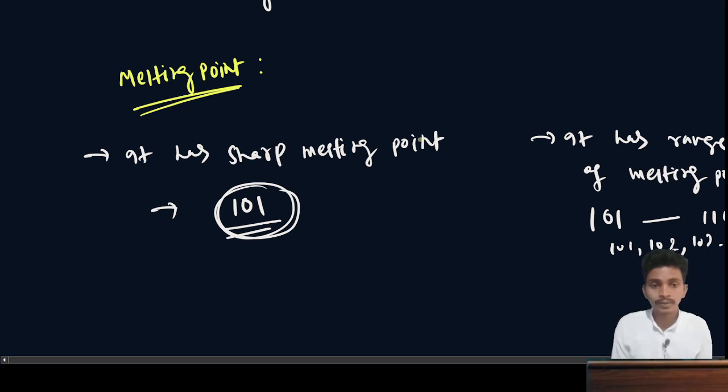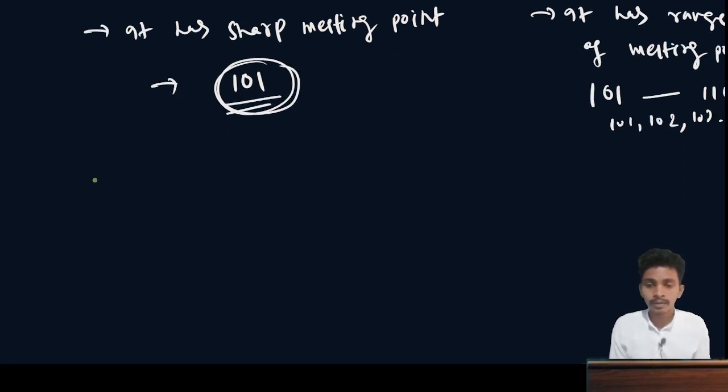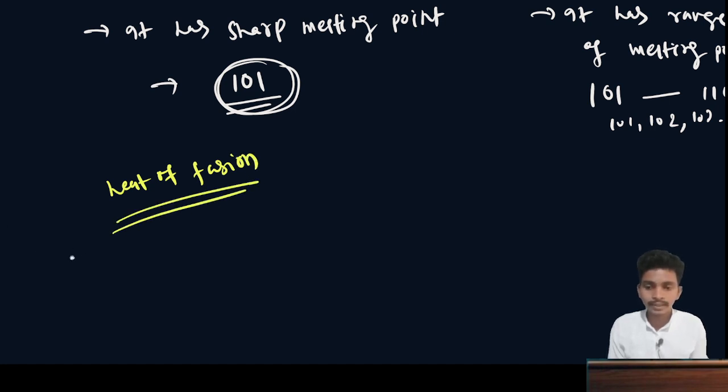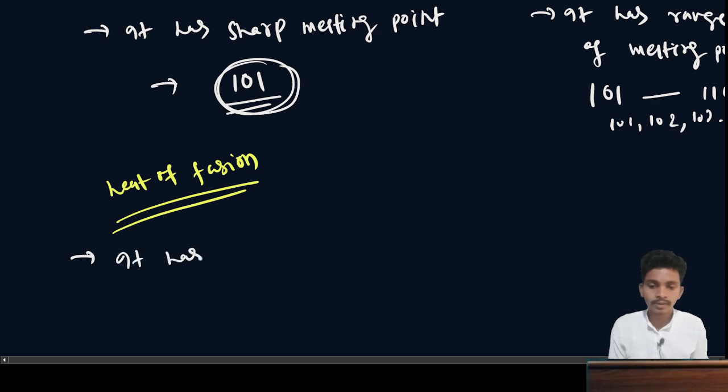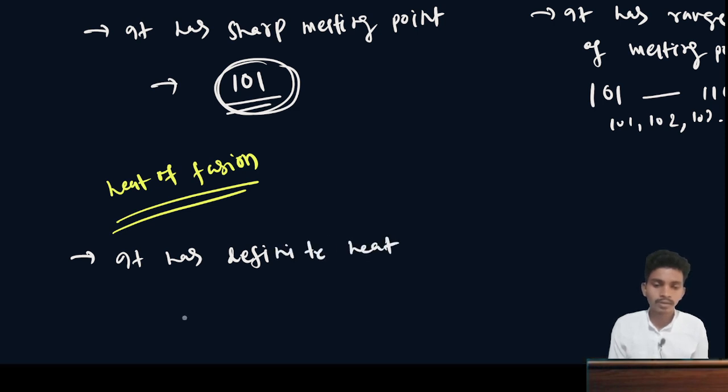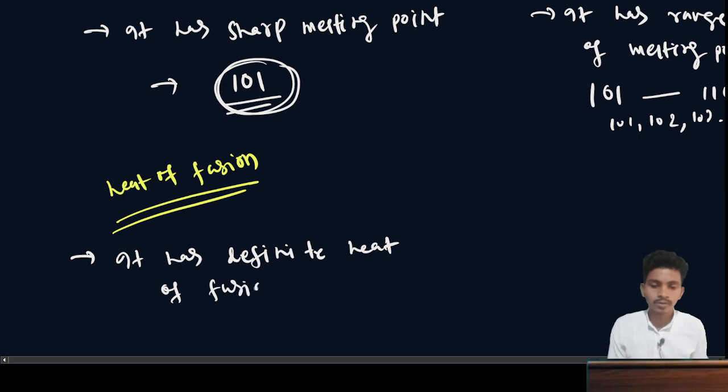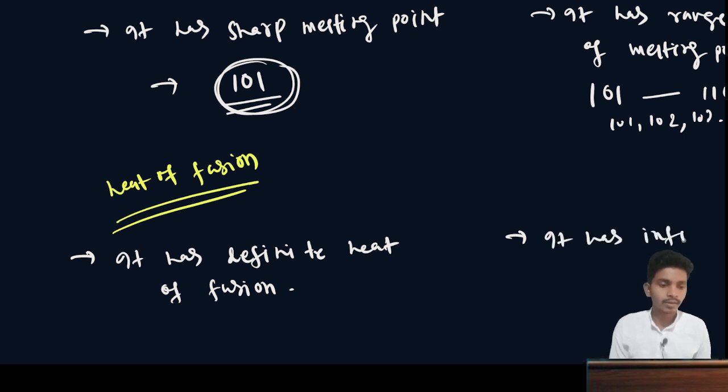And the second way we can distinguish is heat of fusion. Crystalline solids have a definite heat of fusion, whereas amorphous solids have an indefinite heat of fusion.